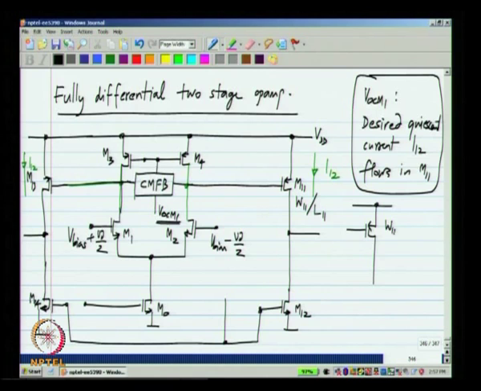Here we make, let us say, some sub multiple of that width divided by N, and we bias it with a current I12 divided by N. Okay. That is, the desired current in M11 is I12. Here we put I12 by N just to save current, and then we also have a transistor whose width is 1 over N times the width of M11, and then we diode connect it.